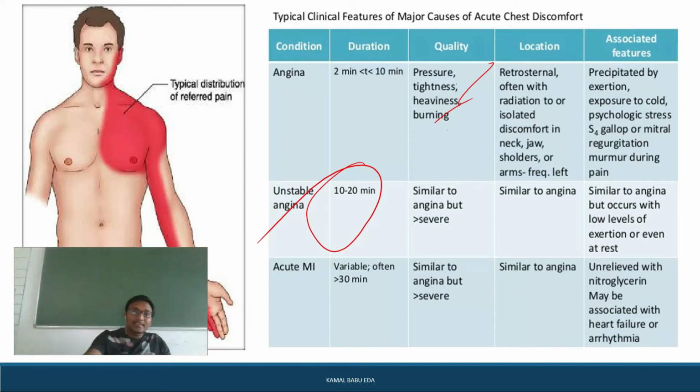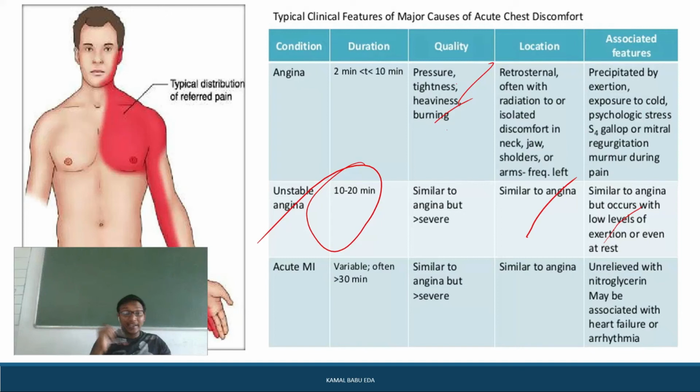It is similar to angina but very severe, with the same location and associated features, but it can also occur with low levels of exhaustion, or even at rest.